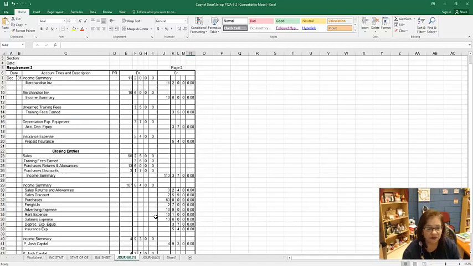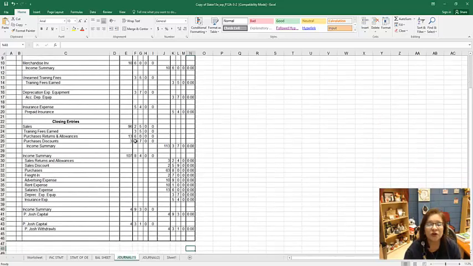All right. Now the journal, very simple. These are the adjusting entries. The income summary, this is how you put it in and you journalize it. Your unearned training fees, your depreciation, your insurance expense. Now you're doing your closing entries. Remember your closing entries, which is your sales, your training fees earned, your returns and allowances, your discount.